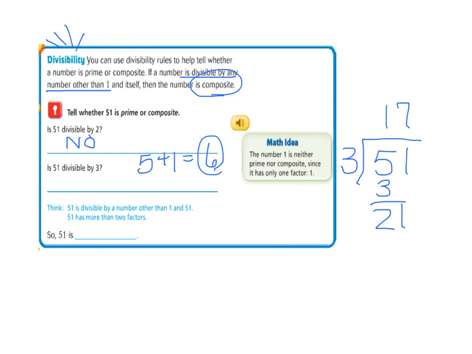If 6 is divisible by 3, and it is, then 51 is divisible by 3. So once I have found that 51 can be divided by another number other than 1 and itself, it's automatically composite.